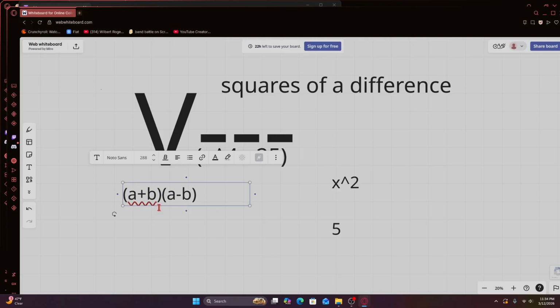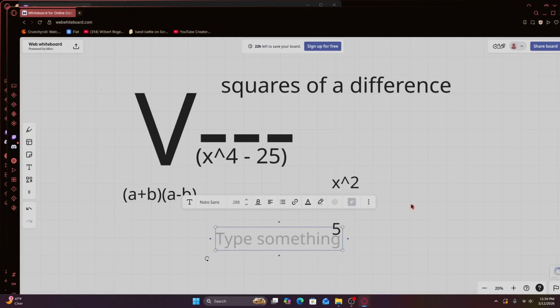So our a is x squared and our b is 5. So we substitute that in. So this equals x to the 2 plus 5 times x to the 2 minus 5. And that is the square of a difference.